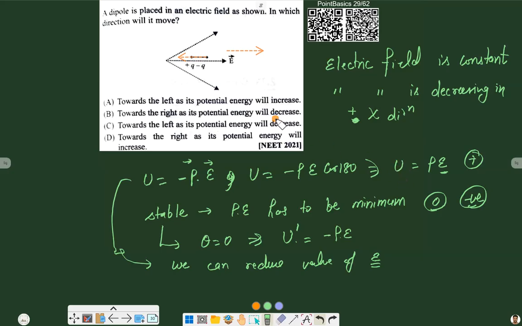So what will happen here? The dipole will move towards the right, and when it moves towards the right, its potential energy will decrease. So option B, moves towards the right and potential energy will decrease, will be the right answer. Moving to next question.